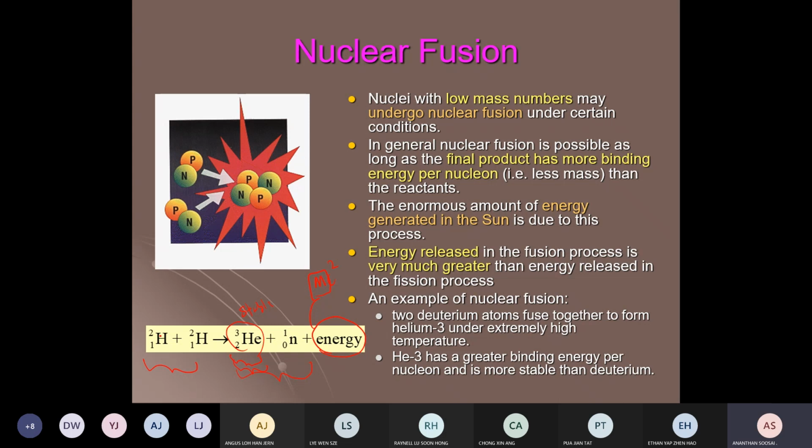So you need to find the mass of the hydrogen, which is 2 point something to 6 decimal places, minus the mass of the helium, and the neutron also needs to be included. The difference in mass is the mass which is released as energy in this case. We will be doing how to find the energy for this process.